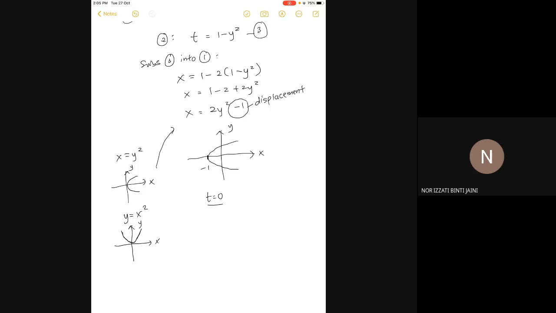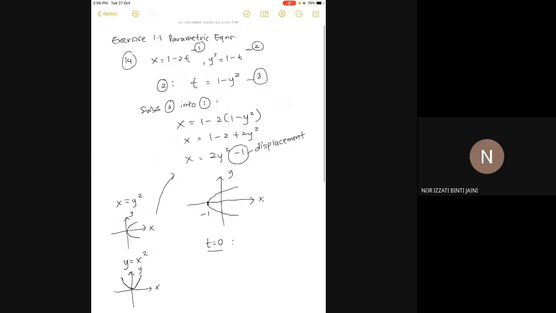If my t equals to 0, then x will be 1, y squared will be 1, or y will be plus minus 1. So katalah sini 1, and then y ke atas sini adalah 1, yang kat bawah sini adalah negatif 1. So dia akan start atas dan bawah.